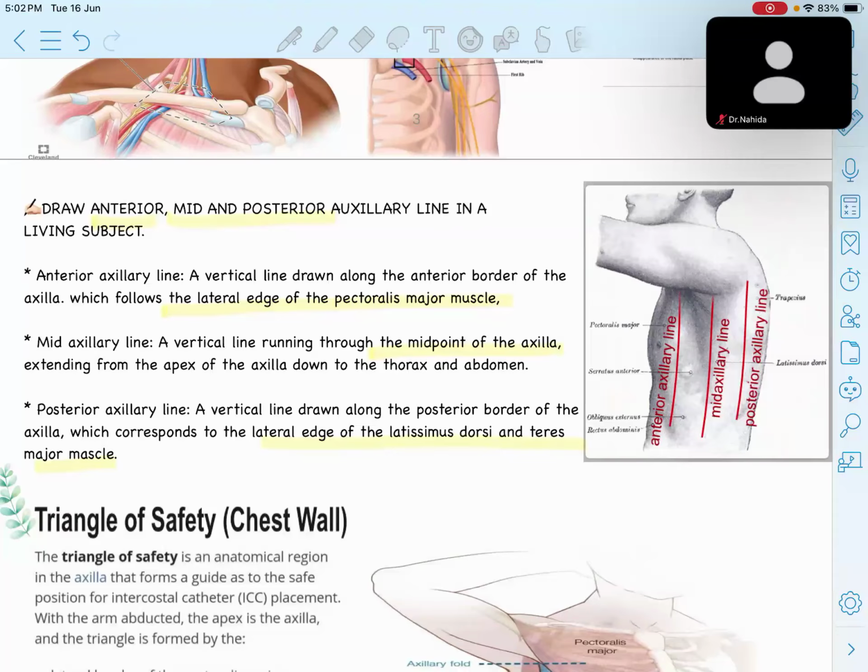For those who will give the exam under the College of Edinburgh, it is very important to learn surface anatomy, because the College of Edinburgh likes surface marking very much. So come to the point. The anterior axillary line is along the lateral edge of the pectoralis major.